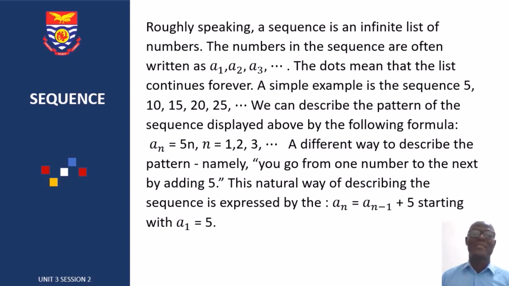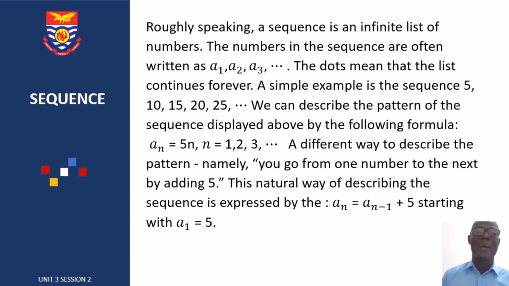Then the numbers in this sequence can be obtained by the formula a subscript n is equal to 5n, where n is 1, 2, 3, 4, 5, 6, up to infinity.